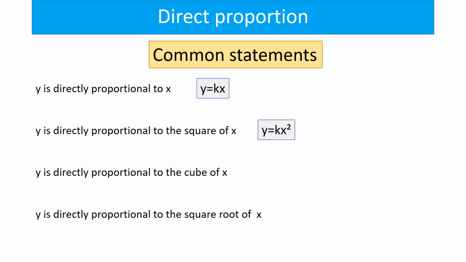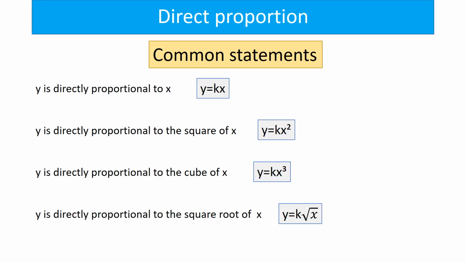Y is directly proportional to the cube of x, so y equals kx cubed. And y is directly proportional to the square root of x, so y equals k times the square root of x. I hope this is quite straightforward.